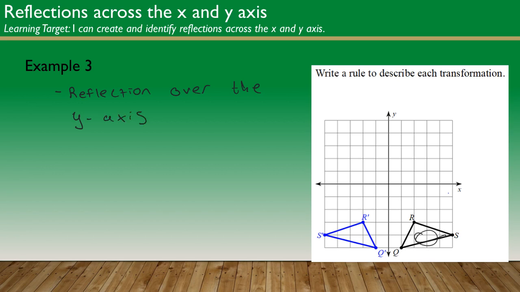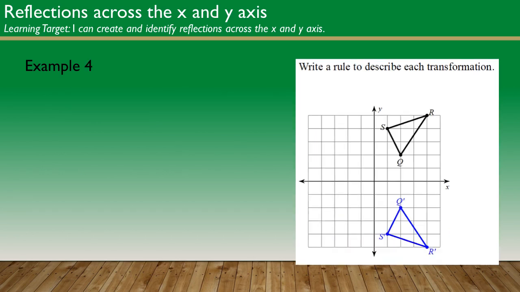In coordinate notation, we would say that (x, y) is being reflected. What happens is our x changes, so it becomes (negative x, y). And that is our rule here.